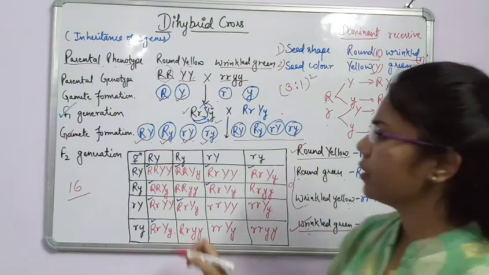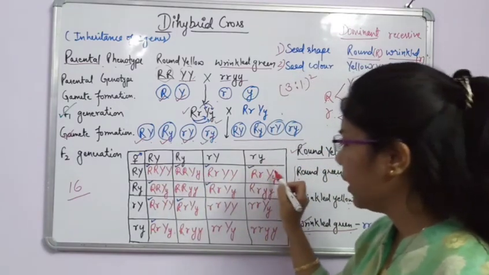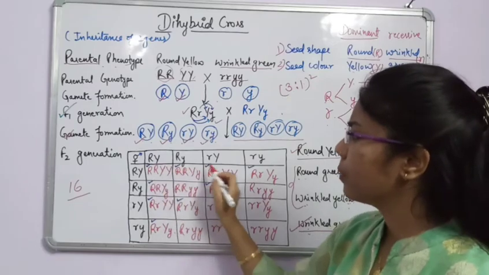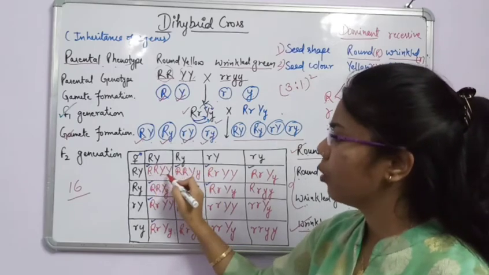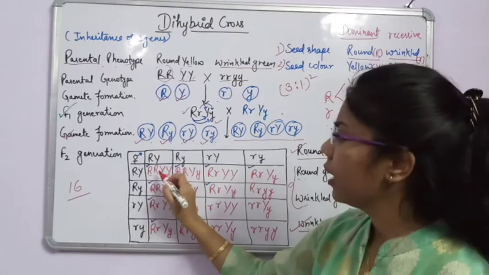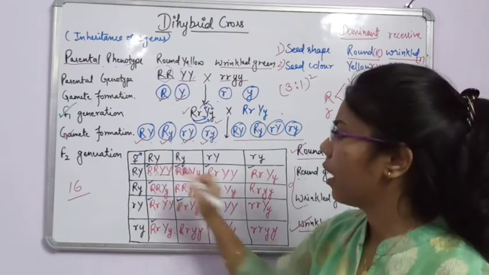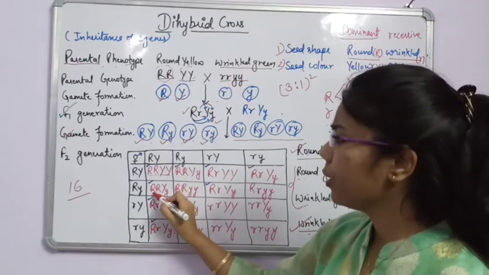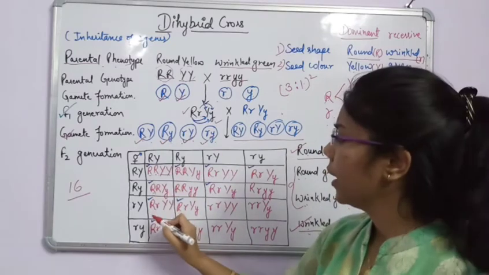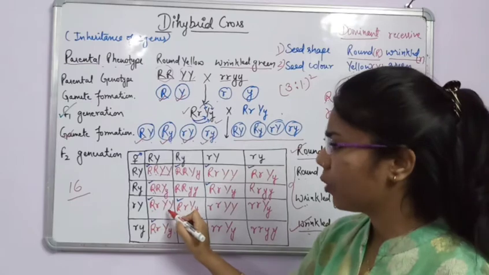So come to this Punnett square, the thing which we have shown here from this blue mark, you can see round yellow. What is this showing here? Both are dominant characters. So it is showing round yellow. If you see here, again it is a round yellow. If you see here, again it is a round yellow. Why?